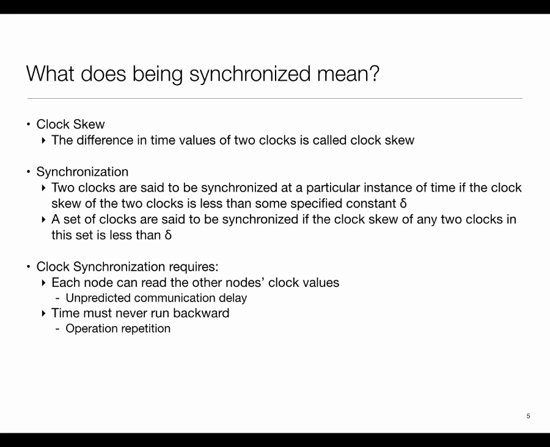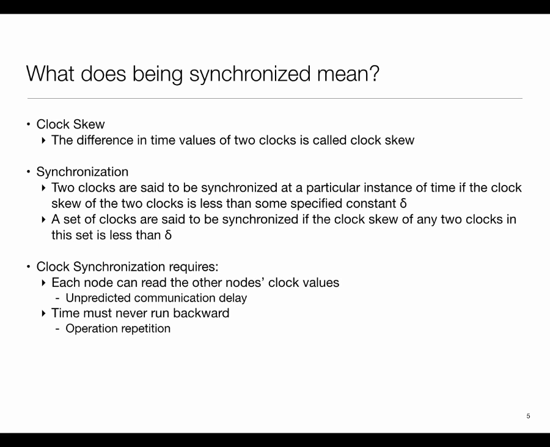That is the difference in time values of two clocks. A very common case is that the second clock is UTC, the humanity-agreed-upon notion of time. So we are really saying, what is the difference between my notion of time versus the agreed-upon notion of time. But it doesn't have to be that way. It could simply be that I want to make sure that all nodes in a network have the same notion of time, even though that may have nothing to do with UTC.